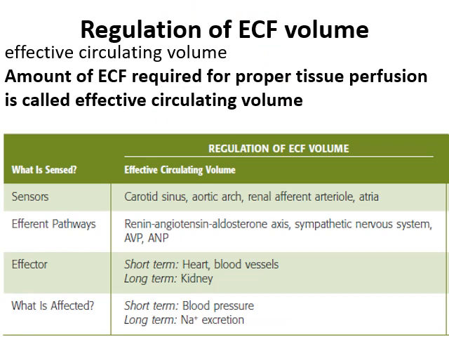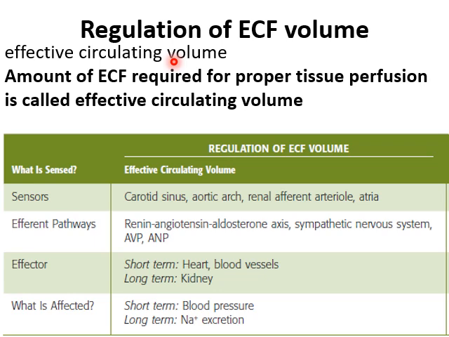Next is regulation of ECF volume. The ECF volume is required for proper perfusion of the tissue, for proper maintenance of blood pressure with which the tissues are perfused. Before going to the regulation of ECF volume, we should understand the concept of effective circulating volume. Now, there is one condition which is called anaphylactic shock.